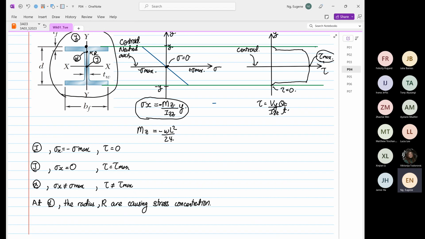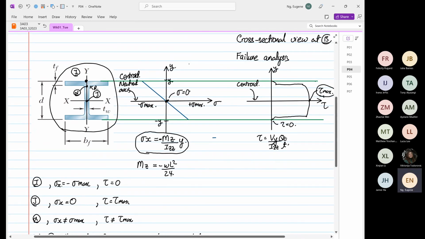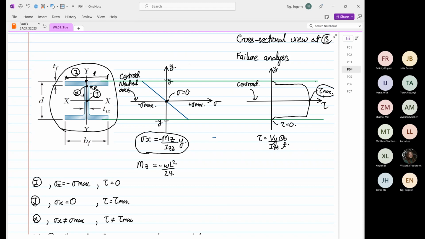So if this structure were to break in the cross-sectional view, it will break at point alpha. There are two reasons why it will break. You have a sudden change in thickness, from T1 over here to T2, which is so much smaller, and you have the radius, which is going to induce stress concentration.